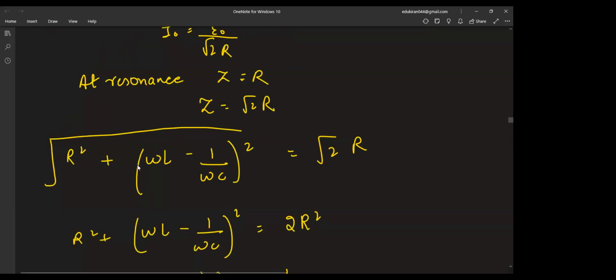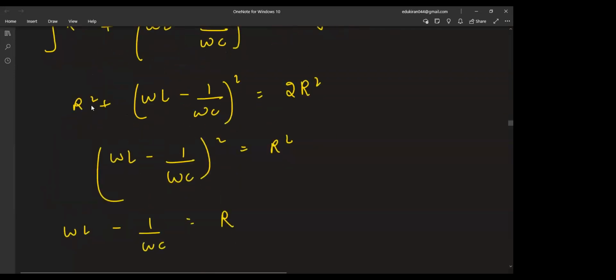Square root of R square plus omega L minus 1 by omega C whole square was equal to root 2 R, and this we have squared so that the root goes off. Now we have brought R square to this side, so that becomes 2R square minus R square. So we are left with omega L minus 1 by omega C whole square is equal to R square.